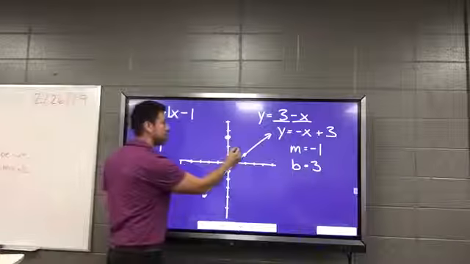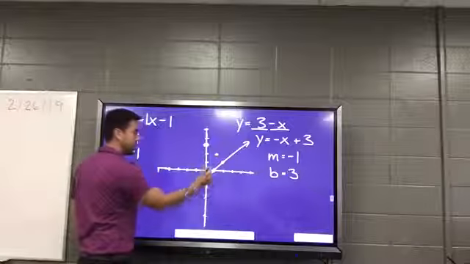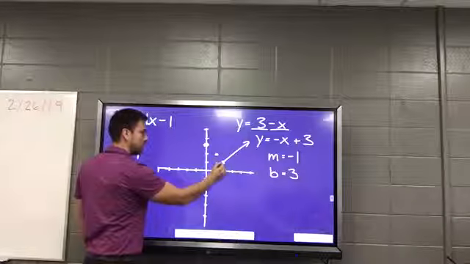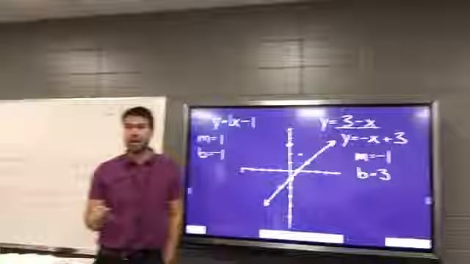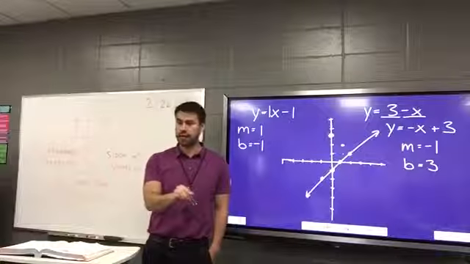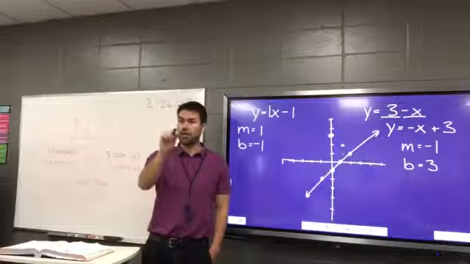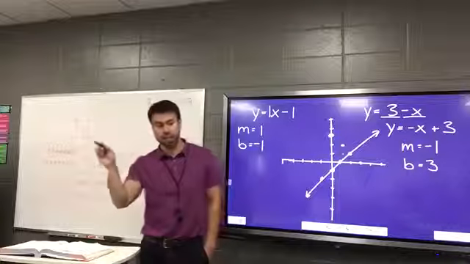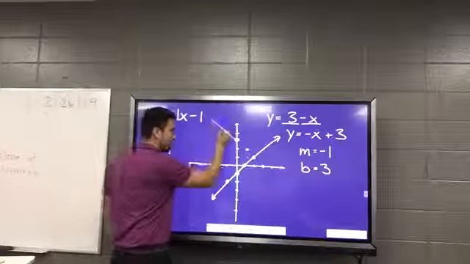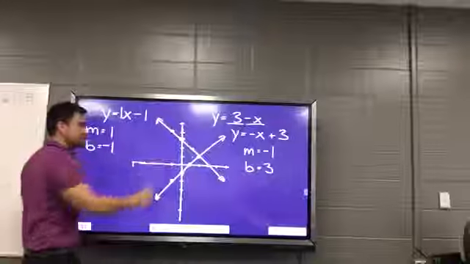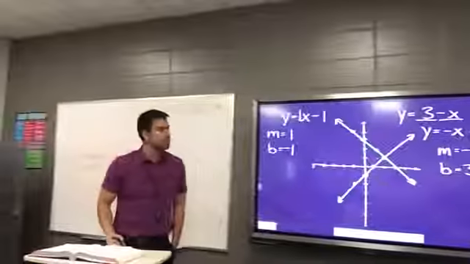Over 1. To the right. I can go down 1, over 1 to the right. Where else could I go? Not down 1 to the right. I can go up 1, 1 to the left. Okay, so I'll do that from here. And they should form a line when I connect them together, if I did it right.